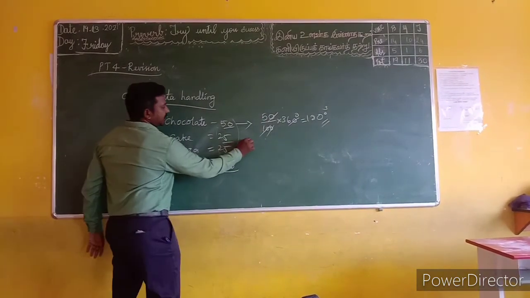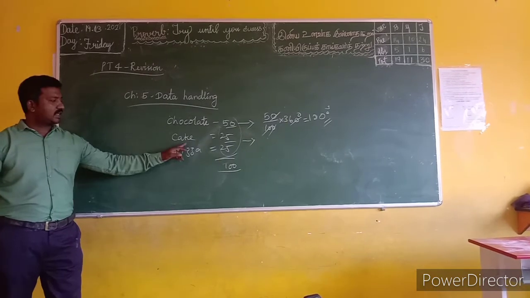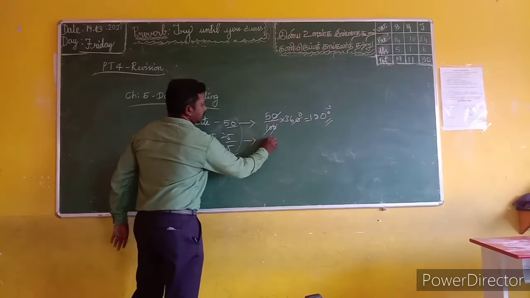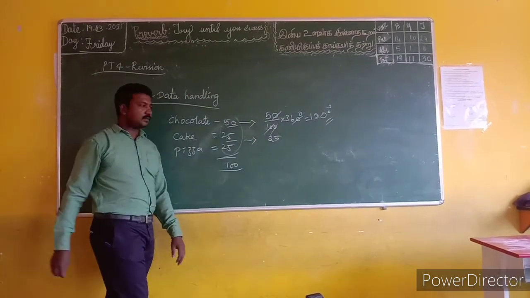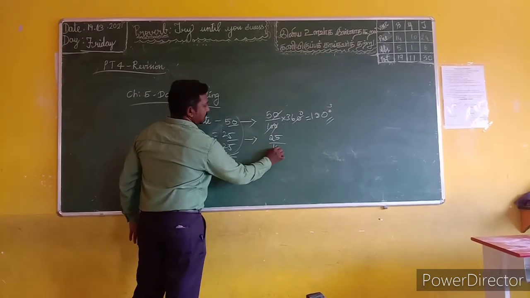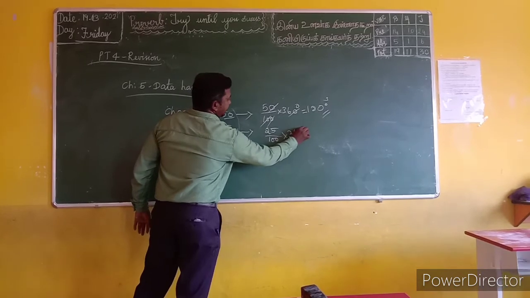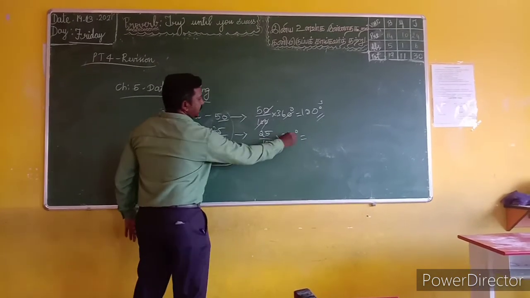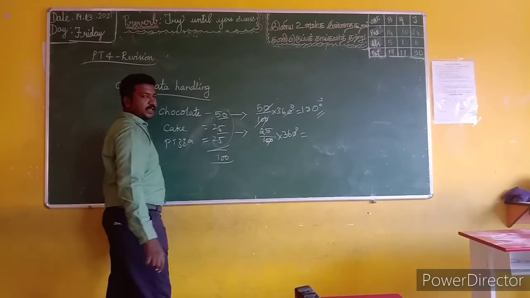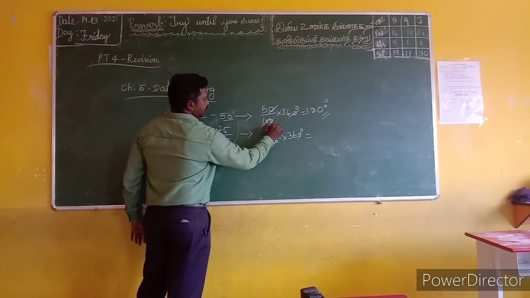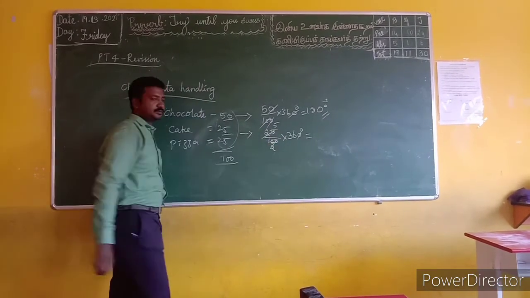Likewise, you can find the central angle for cake. That is 25 students like cakes. Total number of students 100 into 360 degrees. Now you can cancel the zeros, and you can cancel 25, 5 times 2 times.